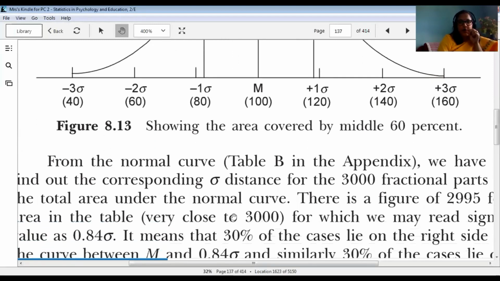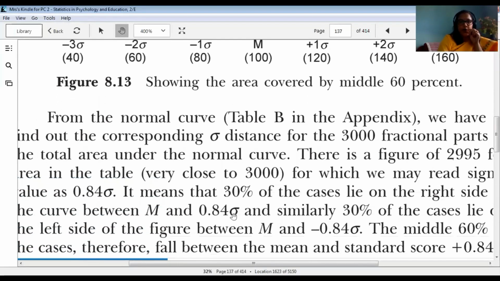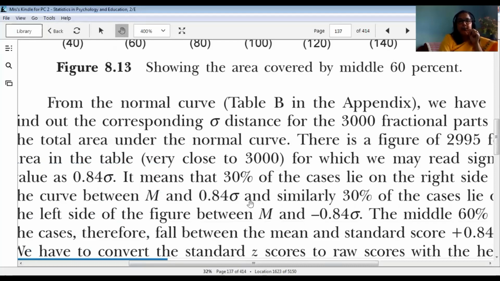Okay. So now our work is to find the sigma score for 30%, or 3,000 cases out of 10,000, from the normal curve table.